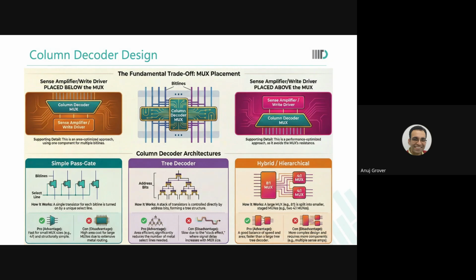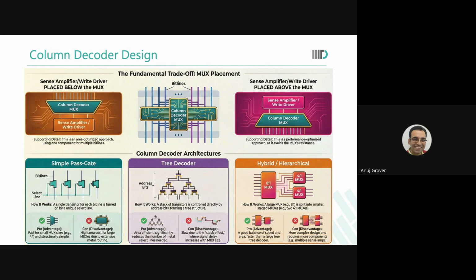Because that's a huge array. It's a leaky place. Almost everything is not touched, no dynamic power consumed there. So you want to reduce leakage as much as possible. It is almost always HVT. Remaining circuits can be a mix of LVT or SVT. But depending on how big a MUX you have, you can have the MUX transistors in LVT or in SVT also.